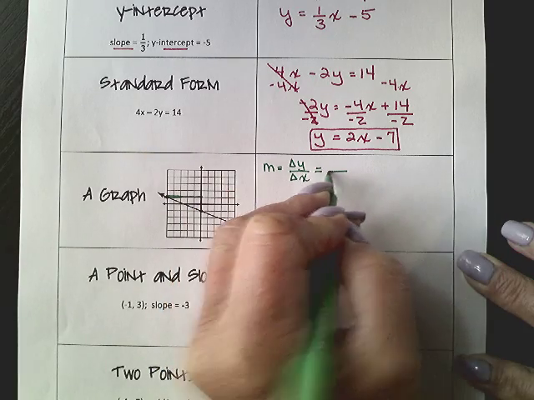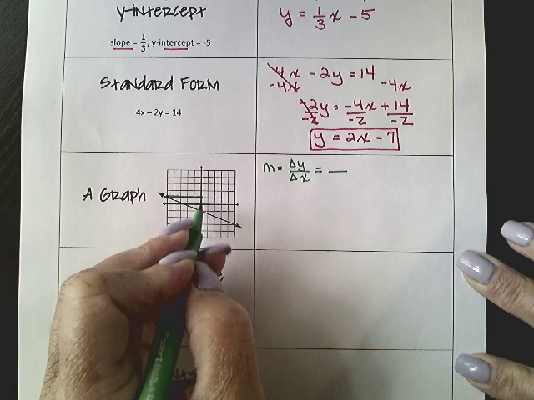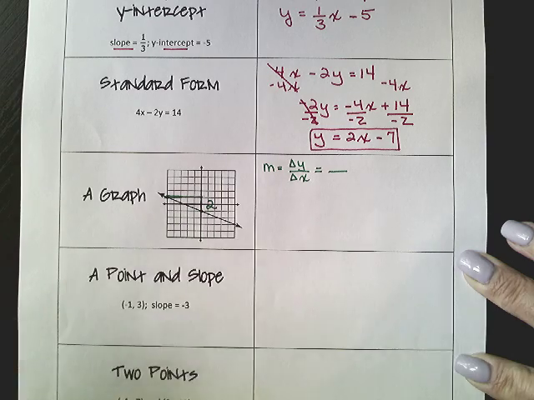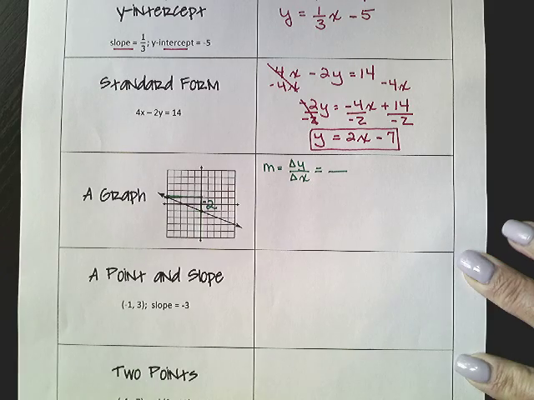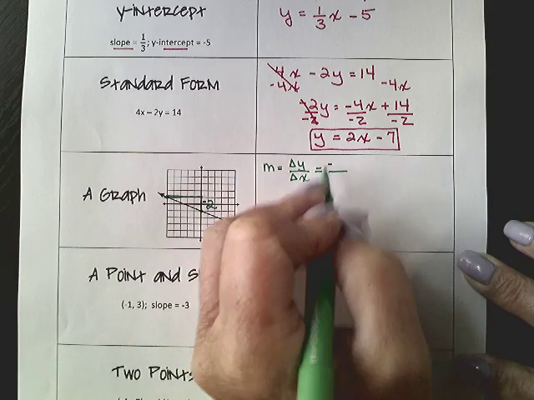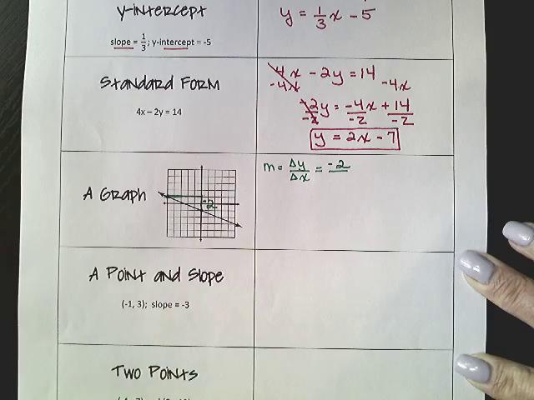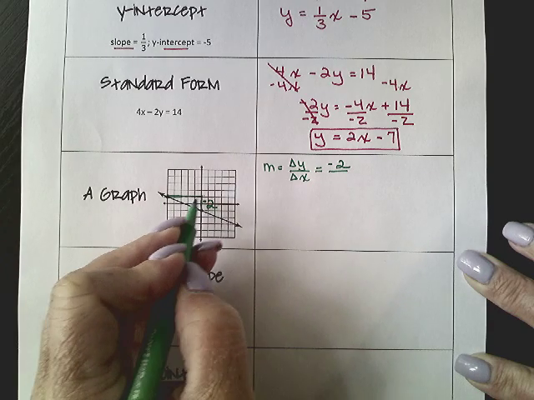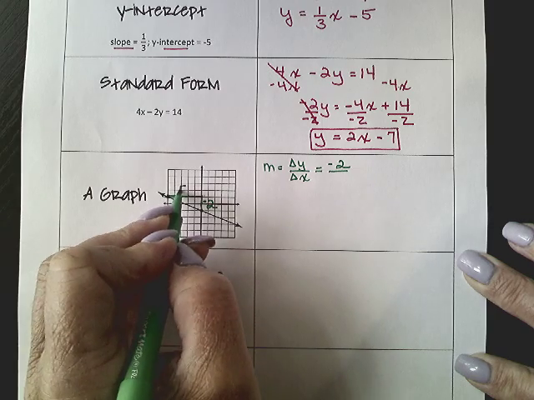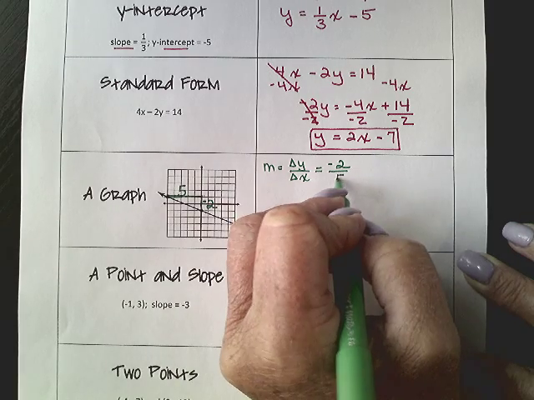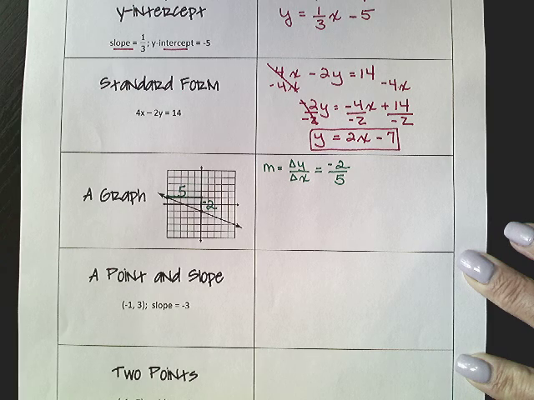So what would my change in y be? 1, 2. And since it's falling down, I'm going to say -2. So my change in y is -2. And how many going across? 1, 2, 3, 4, 5. So my slope is -2 over 5.